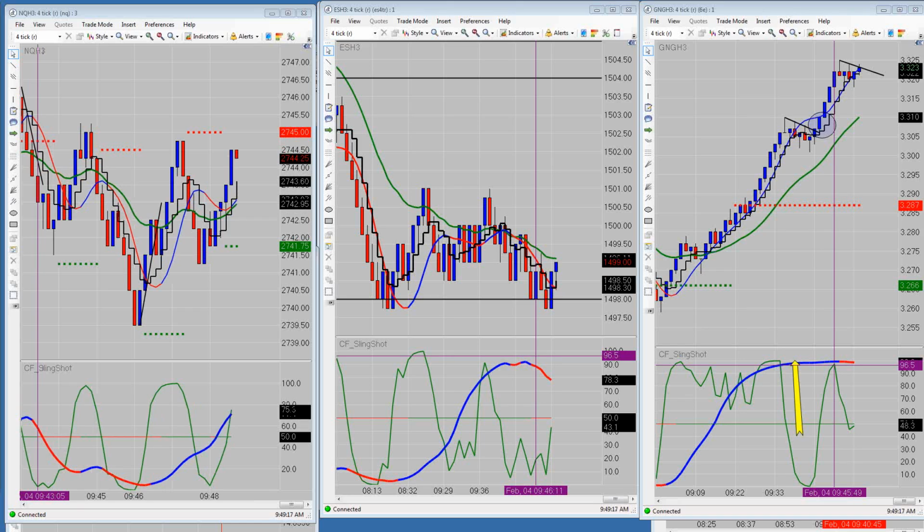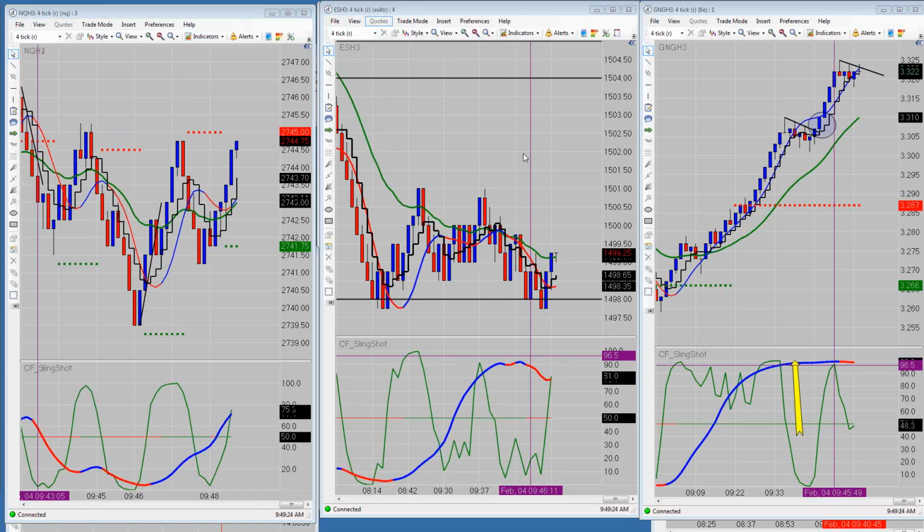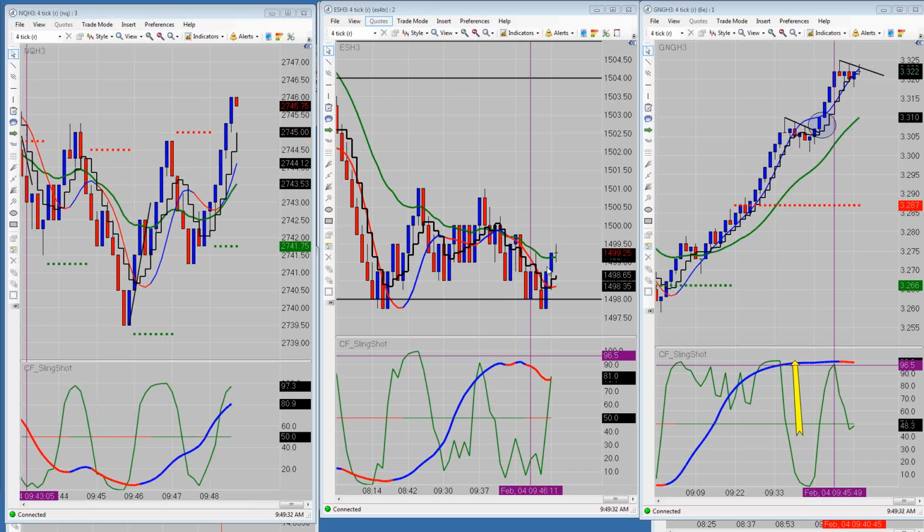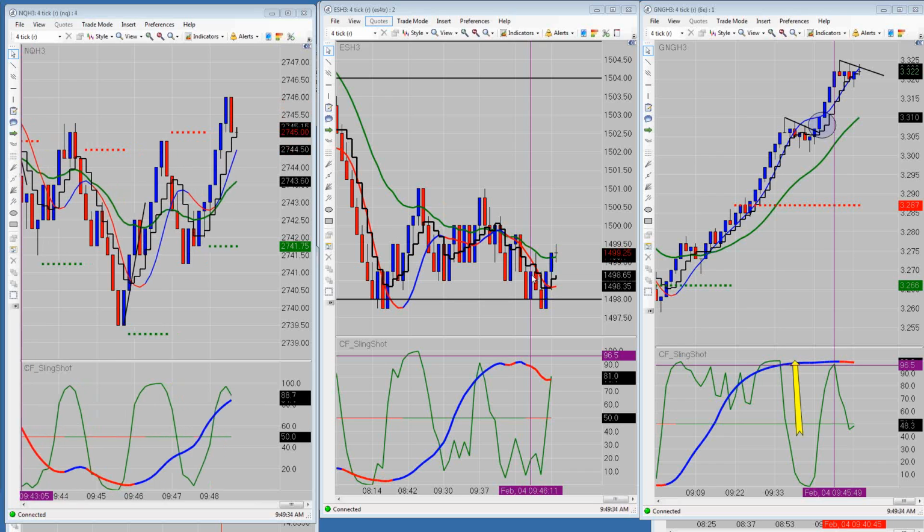If the zone is going to be a place that's going to offer support, then it should offer support, because this is 500, the S&P 500. It's likely to offer support across the other indexes, and it looks like it is. The NQ just bounced up, the Russell just bounced up. I don't have a YM chart up, but I'm guessing that probably is bouncing too.